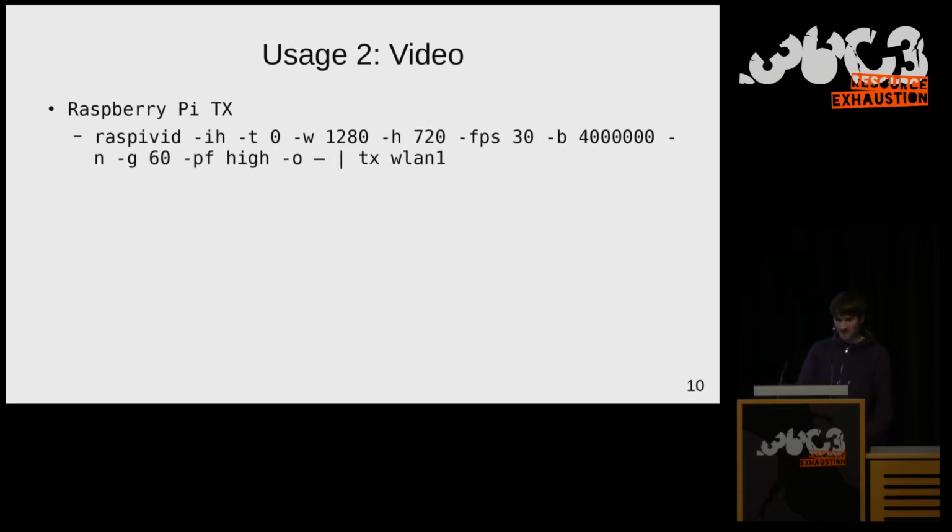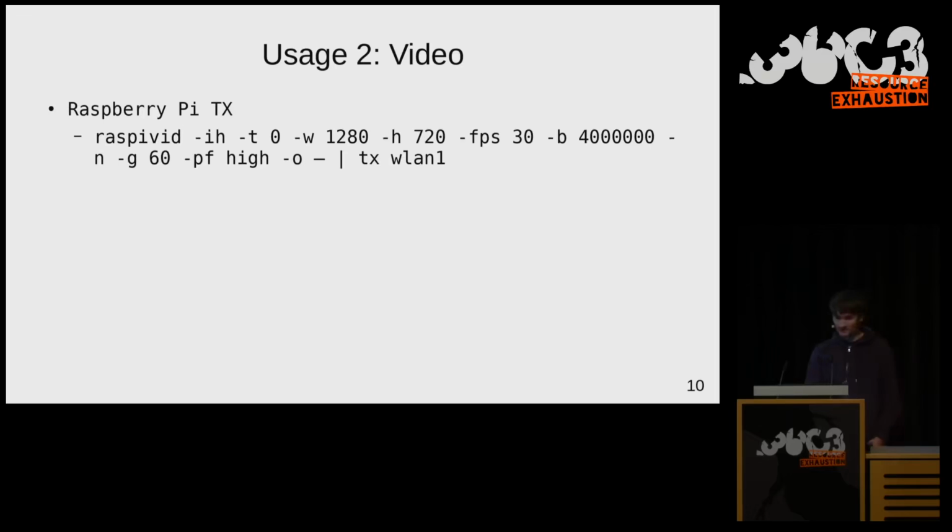This is now an actual example that I'm using, for example, on my drone, to transmit the video. As a PC, I'm using a Raspberry Pi, just sitting on the drone, and I start this command. This looks a bit more complicated, but it's actually fairly simple.